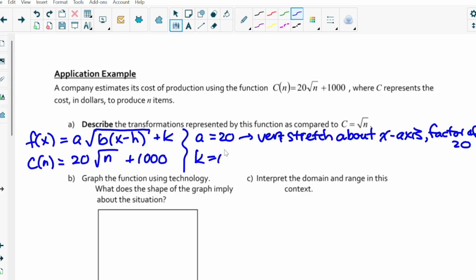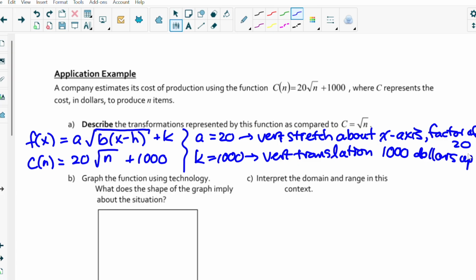K equals 1,000. That's vertical translation, $1,000 up. H equals 0, B equals 1. And that doesn't affect the shape of the graph.